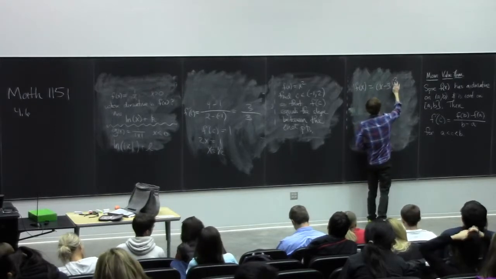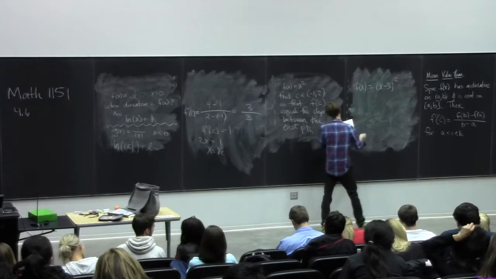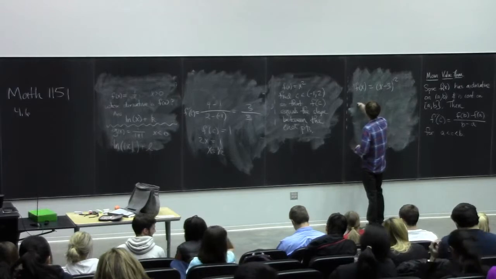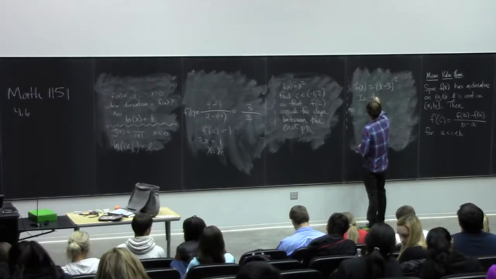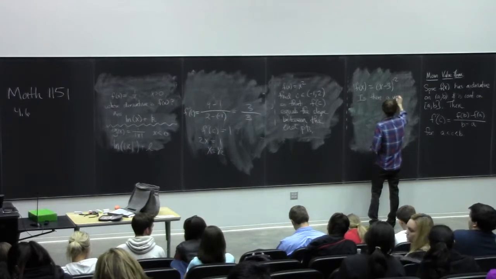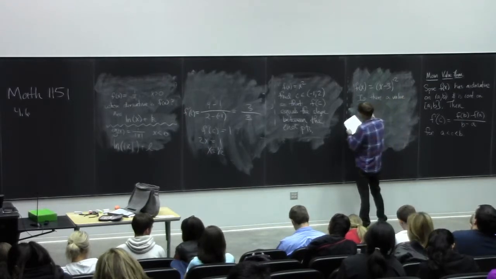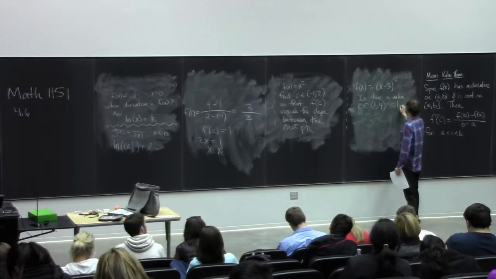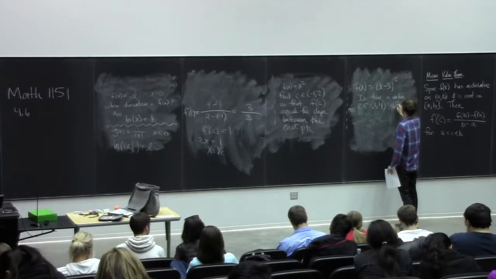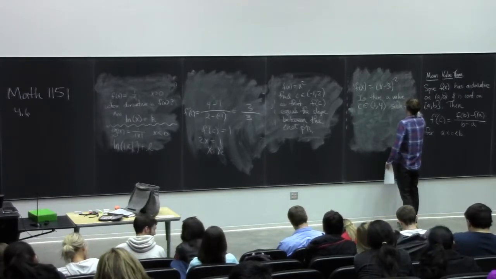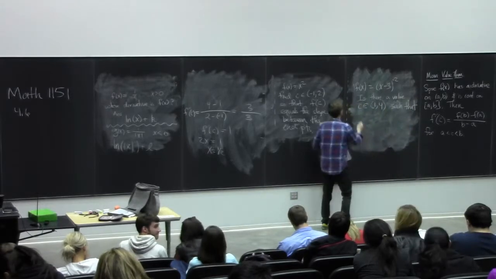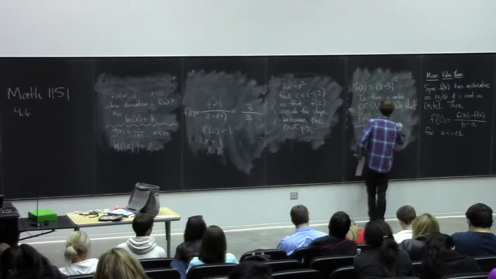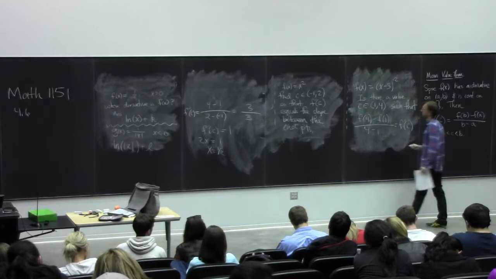Is there a value c in 1, 4 such that f of 4 minus f of 1, all over 4 minus 1, equals f prime of c?